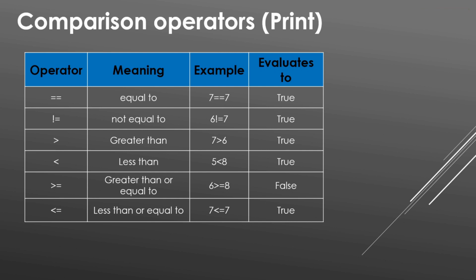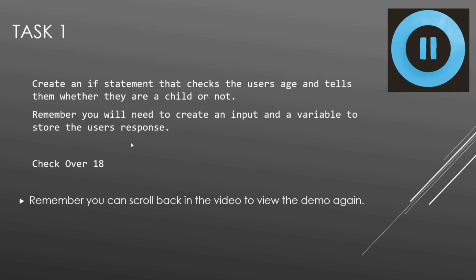So think back to these comparison operators. If we want to check to see if the user's age is greater than 18, think about which symbol you're going to use. Hint, my mouse is hovering over it right now. And then use that to start creating your if statement.